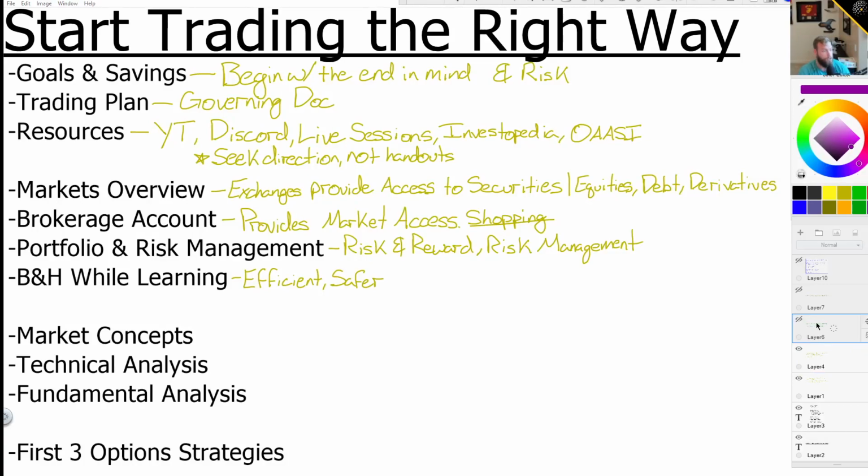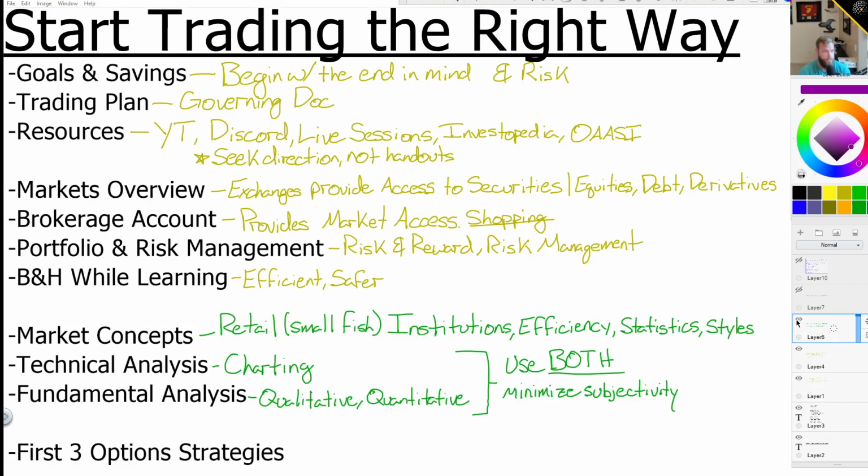All right, let's move on to some market concepts and analysis. Like I said before, retail, we're the small fish. We make up a very small amount of order size. And at the end of the day, we are small fish swimming with big fish that are known as institutions. So institutions are things like banks, hedge funds, pensions. They are very large groups of money. And there are plenty of other market players out there that classify as institutions: high frequency trading firms, market makers, all those kinds of things.